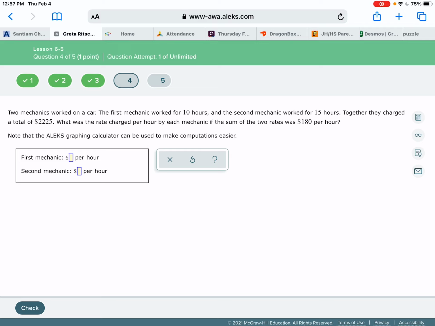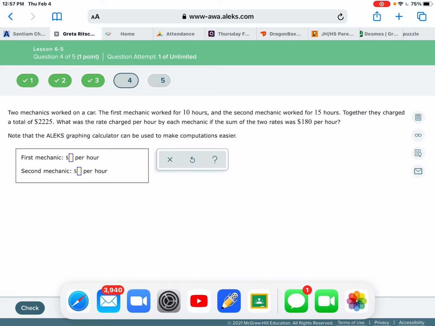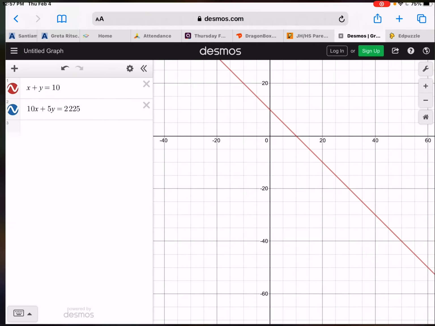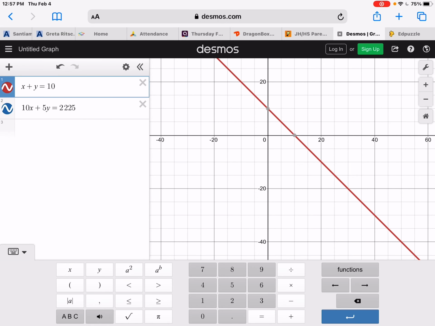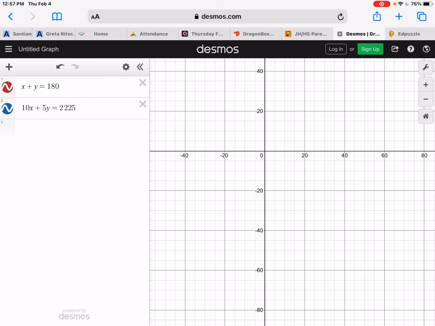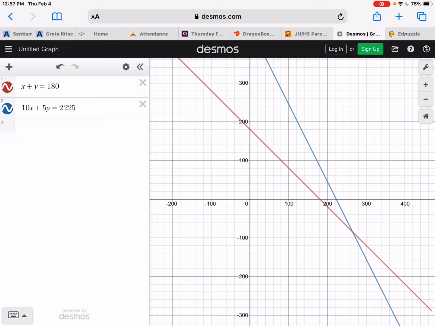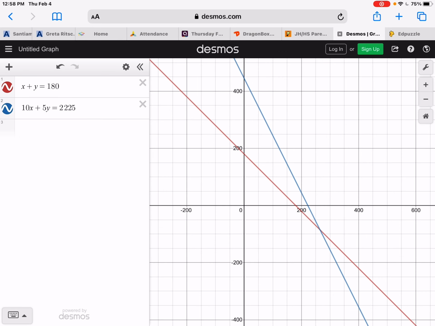Let me just check that. I think I saw something here. X plus y isn't 10. X plus y is 180. Uh-oh, where'd we go? Way out there. Oh my goodness.